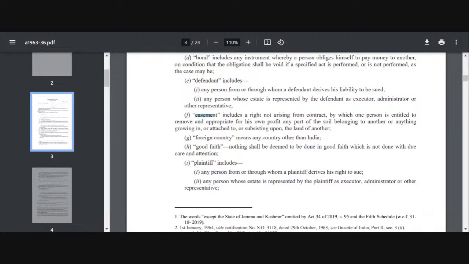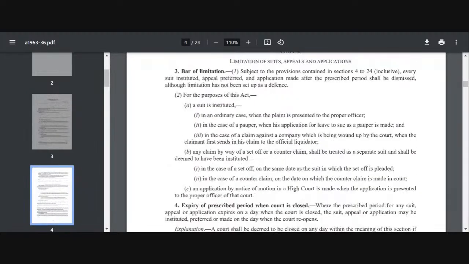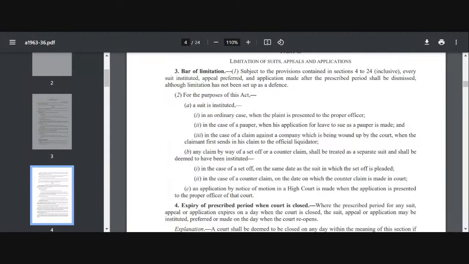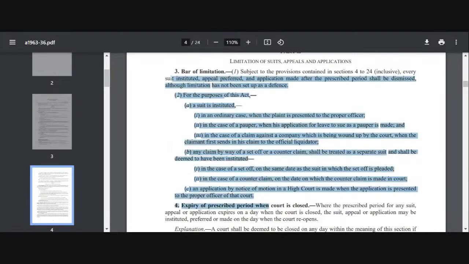Come to part 2. Part 2 is again important, as it is limitation of suits, appeal, and application. And section 3, which I have told you at the starting only, is again an important section: bar of limitation.